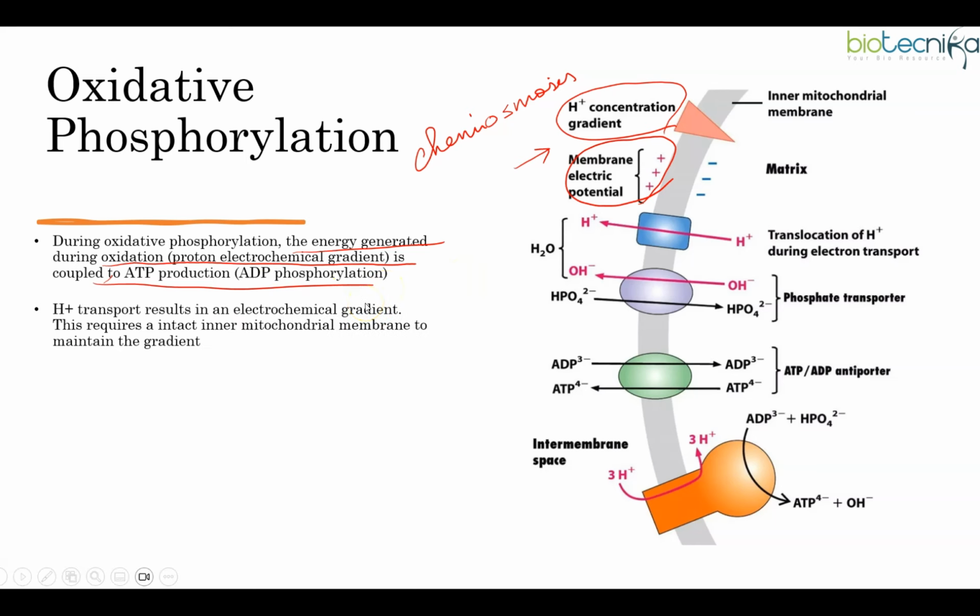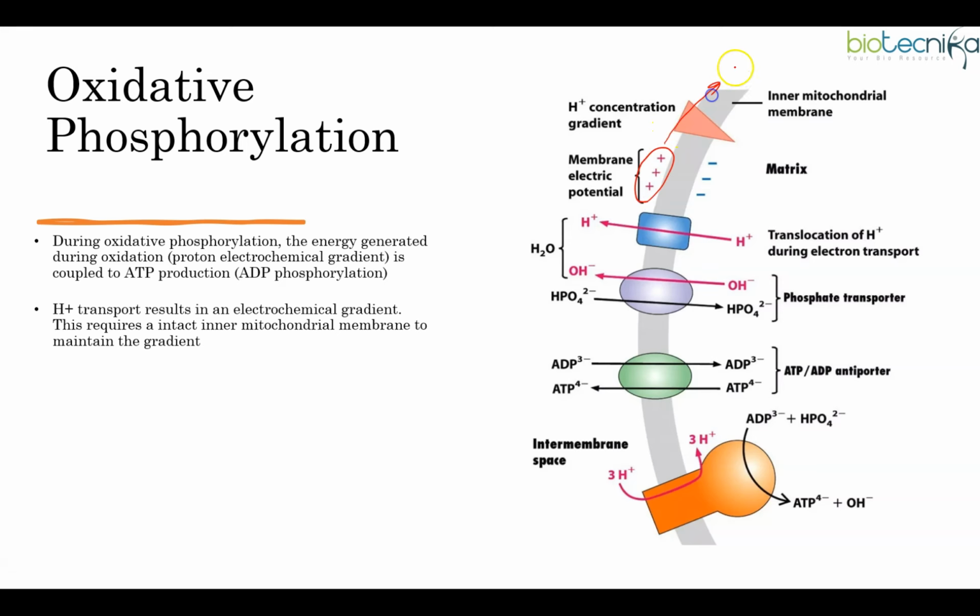Since H+ transport results in the electrochemical gradient, this requires an intact inner mitochondrial membrane so that the gradient is formed properly. If this gradient is somehow dissipated, we have some inhibitors of the electron transport chain which are called uncouplers. Because of that the gradient is dissipated, then the electron transport chain cannot take place properly.